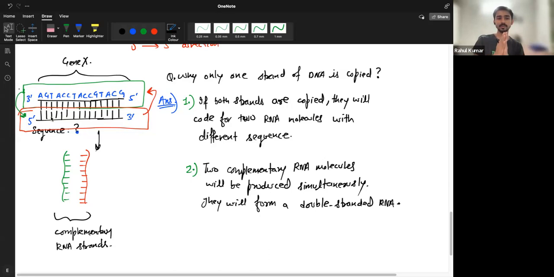So they will join together and make a double-stranded RNA. And this whole process will be a futile process. And the cell cannot survive if you have futile processes using too much energy. Okay, make sense?